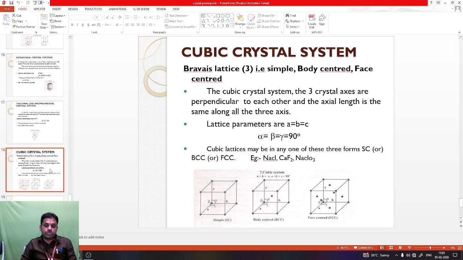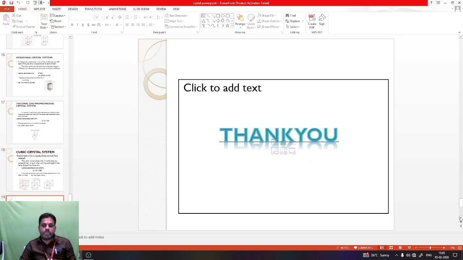The cubical system is available in three forms: simple cubic, body centered and face centered cubic. So this is the diagram which represents the simple cubic, body centered and face centered cubic systems. So these are the fundamentals of crystals.